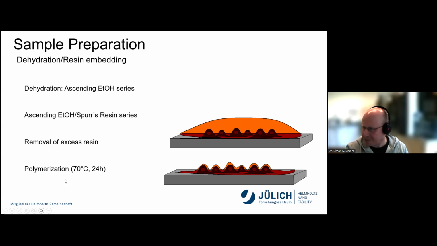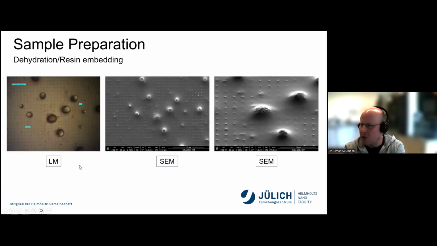After that, this resin, hopefully with enough resin inside of the cells, is then polymerized. Sorry, of course it is not a polymer at this point; it becomes a polymer after the polymerization at 70 degrees centigrade over 24 hours. So this is the chemical fixation, using this resin embedding and staining protocol.